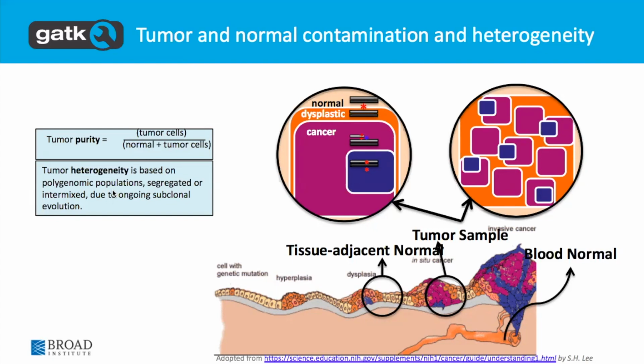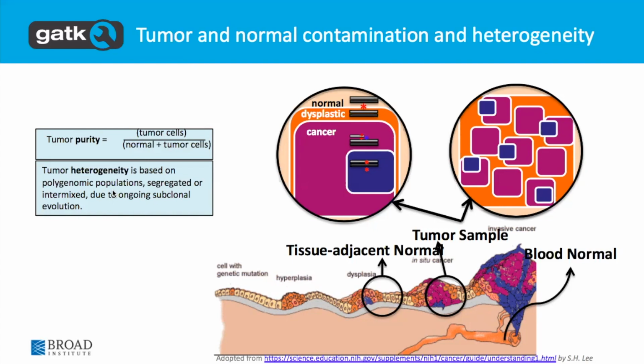Part of it is that as your tumor evolves and you have those various cell lines, again, there's that heterogeneity that I mentioned earlier. That means that some of the new mutations are present in some of the cells and not others. At the same time, you have some normal tissue that's mixed up in your tumor.